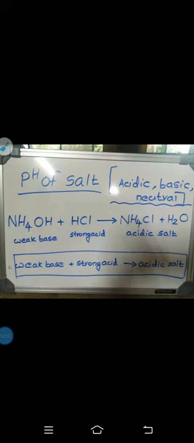So, if we are able to understand the respective acid and base from which the salt is formed and their nature, we can predict the nature of the salt. If we know whether the acid is strong or base is strong, we can predict the nature of the salt. Strong acid plus strong base give neutral salt. Strong base plus weak acid give basic salt. Weak base plus strong acid give acidic salt.